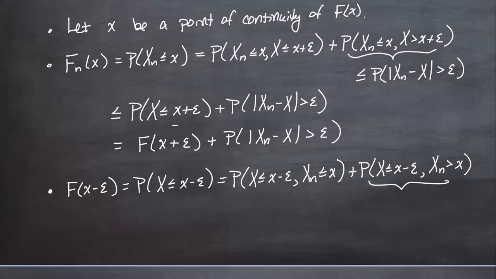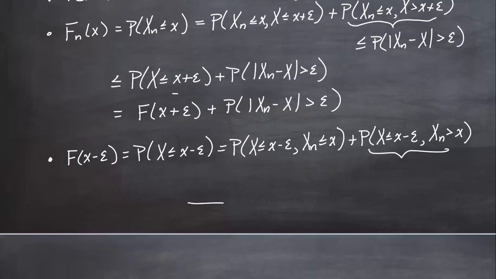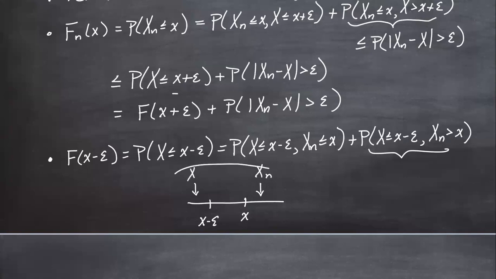Consider this Xn term again. If we drew another picture, we've got some x, and then we have some x minus epsilon down below x. And we're saying that the random variable Xn is up here, and X is down here. So Xn and X are more than epsilon apart. But just Xn and X being more than epsilon apart does not mean they're specifically to the left of this and to the right of this.